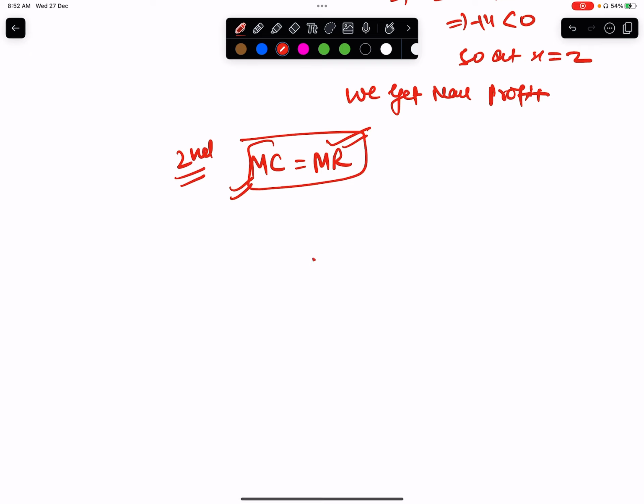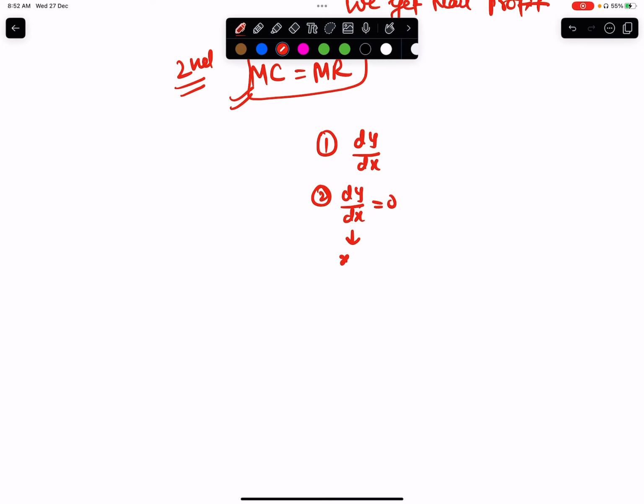In profit maximization or minimization, we always remember how we will solve. The basic process is first finding dy by dx, then equating dy by dx equals 0. So we will get one or two values of x. Now the third step, find d square y by dx square. After finding it, put the values of x in it.